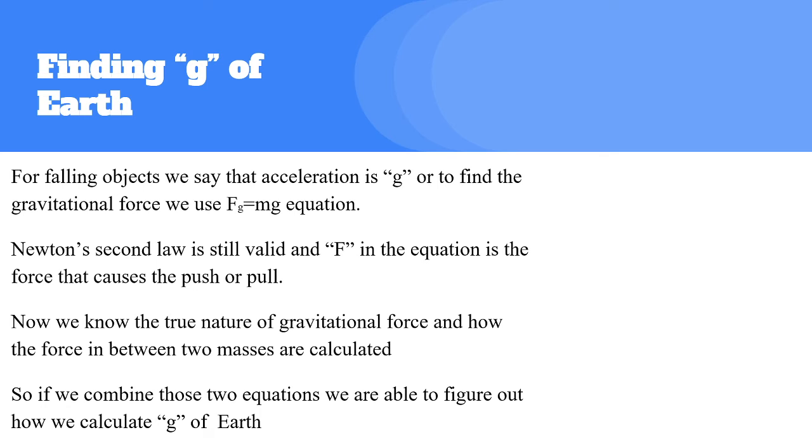Alright, so how do you calculate the gravitational acceleration? When we drop things towards Earth, they basically accelerate with g. So we say the force on an object on Earth is mass times gravity. But the true nature of gravity doesn't say so. The true nature of gravity's force says two masses are going to apply force to one another.